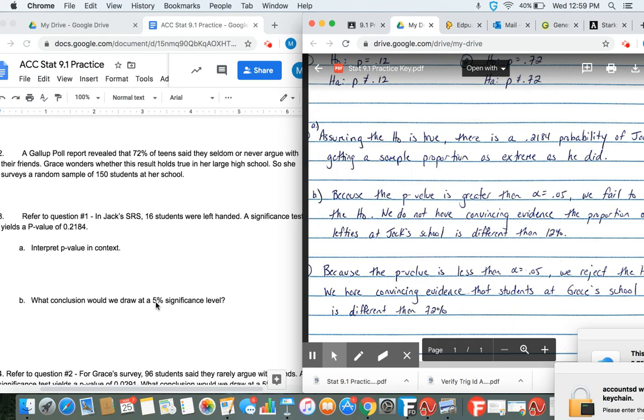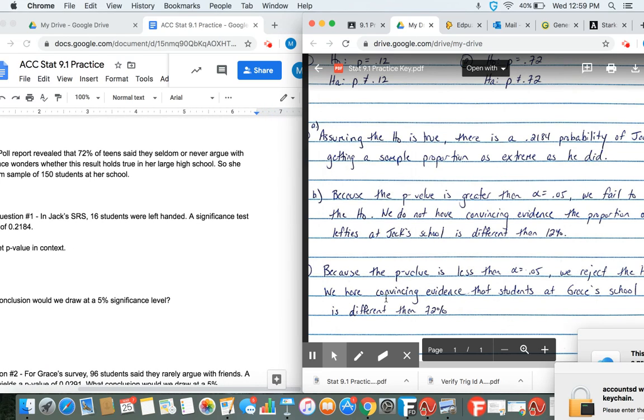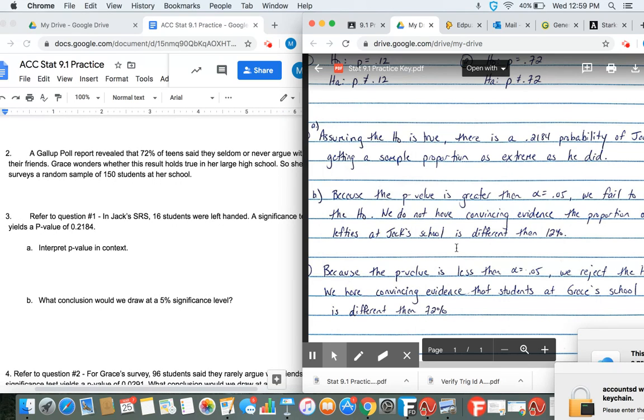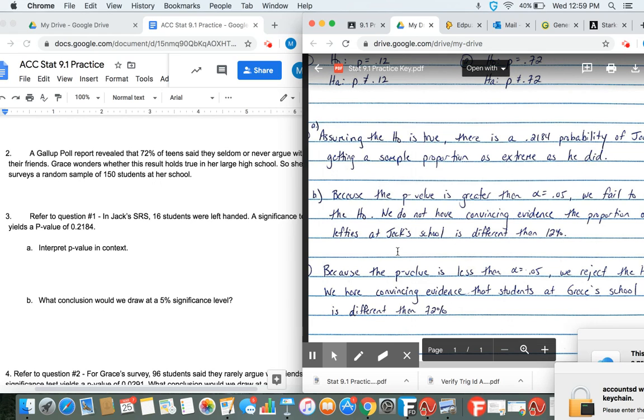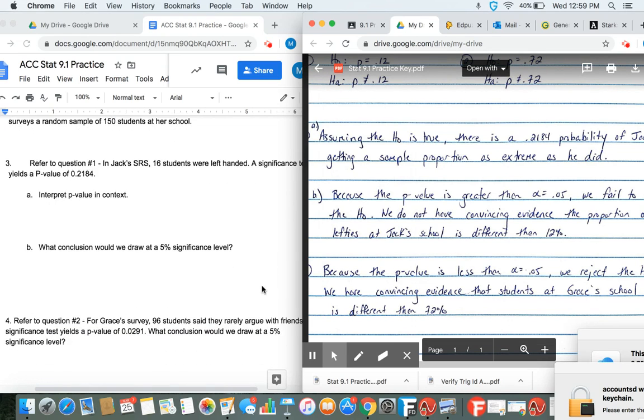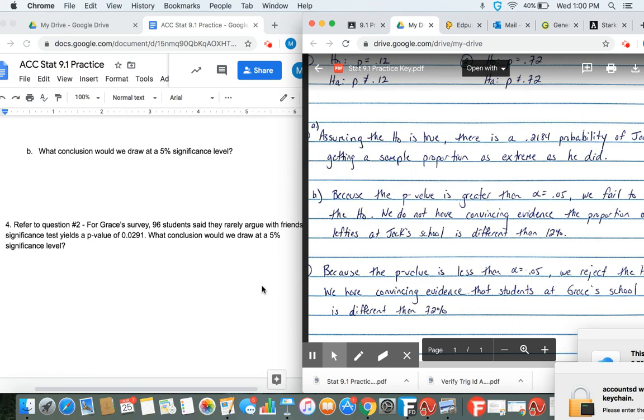And you would just structure this concluding sentence the same way every time. Because the p-value is greater than, in this case, 5%, we fail to reject the H0. We do not have convincing evidence the proportion of lefties at Jack's school is anything different than 12%. And then finally, for number four, the percentage that rarely argue with friends, this p-value is a lot different.